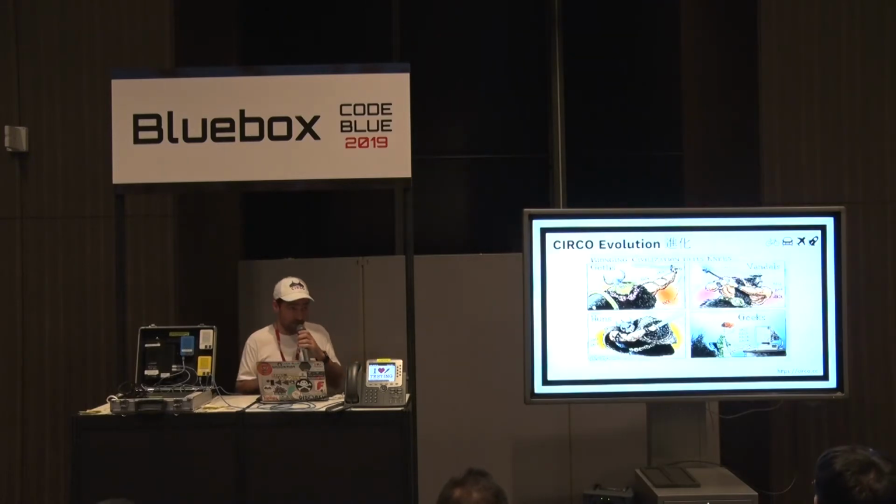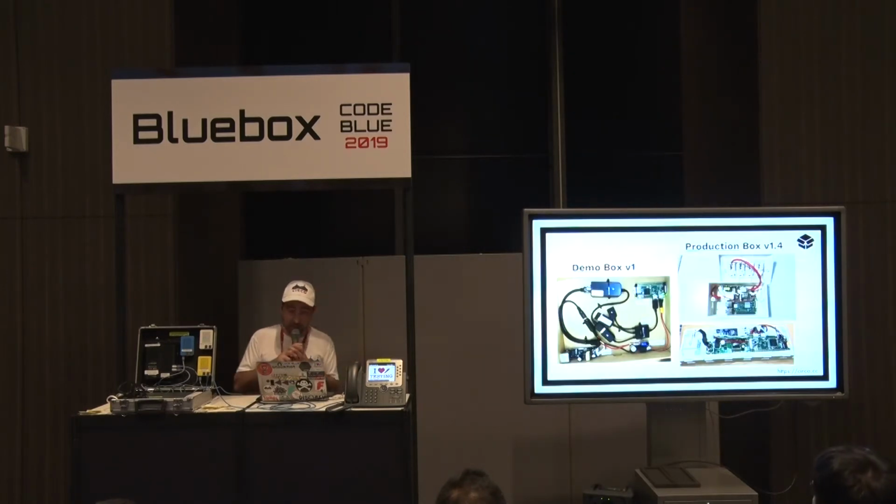The evolution, how this all started, right? Let me take a walk down memory lane. We started a year ago with demo box version 1, which was literally built on a cardboard box with tied up pipes, and it was a POC, and it actually worked fine. Then we moved into version 1.4, and we managed to put the components inside a network outlet, so they look like this.